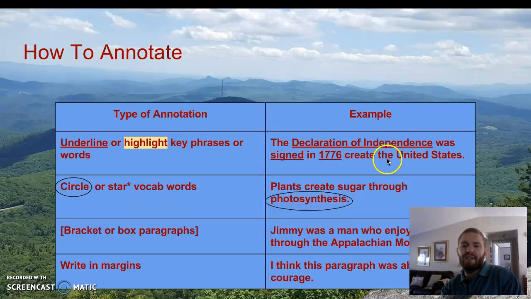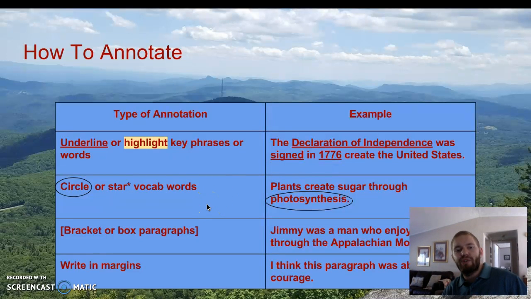So for example, let's say you're reading a piece of info on the Declaration of Independence. We can underline the Declaration of Independence, because of course that's the focus of the article. It was signed in 1776. Okay, so that's the key phrase you're looking for here. So Declaration of Independence, signed 1776. Okay, that really condenses that down.